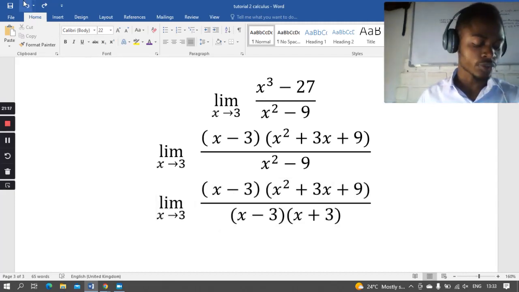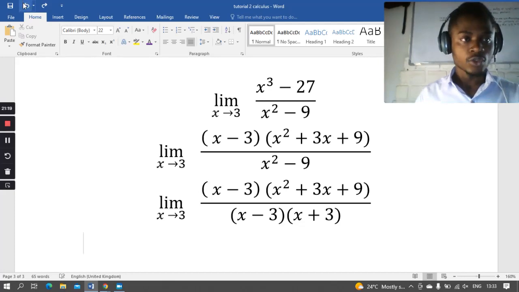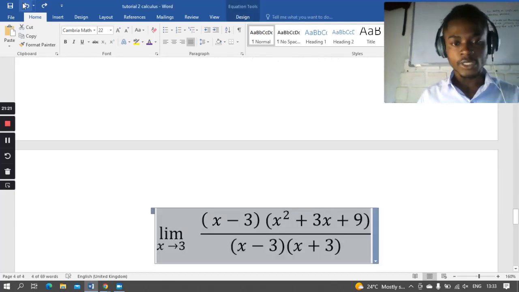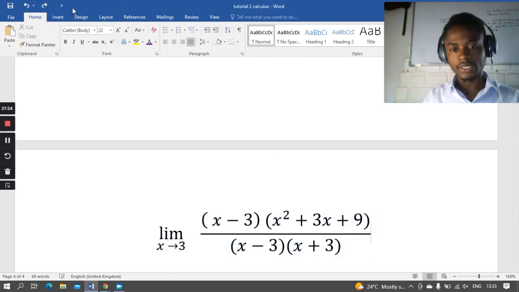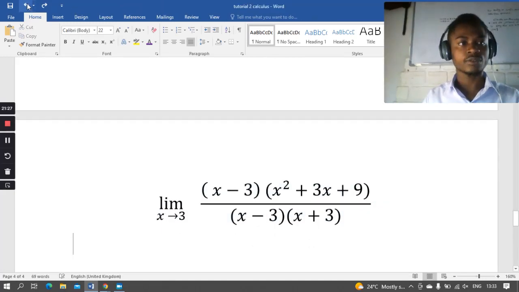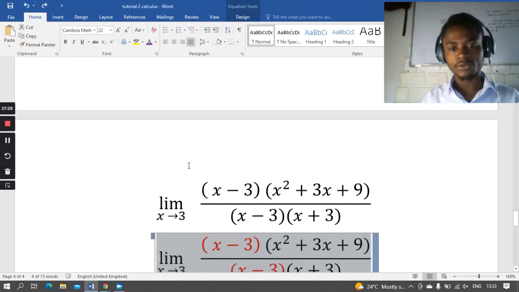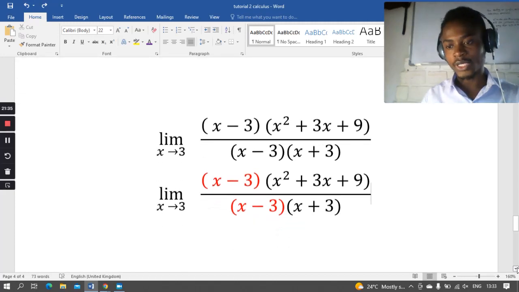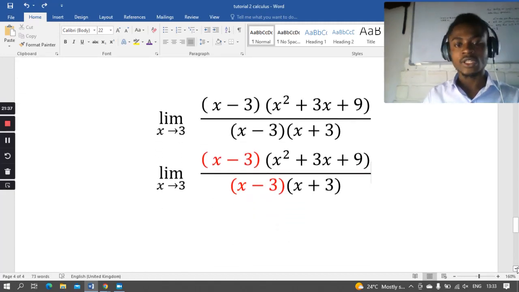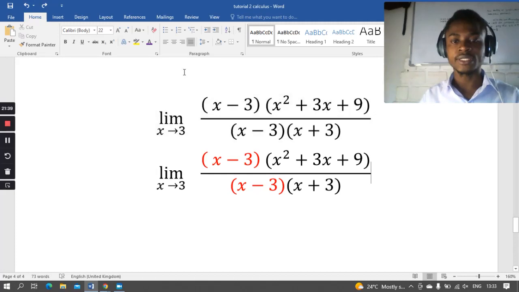They're just the same. So like I have said, let me try to plug in and see what we have. As I've said, those two are the same, so those terms in red will go.